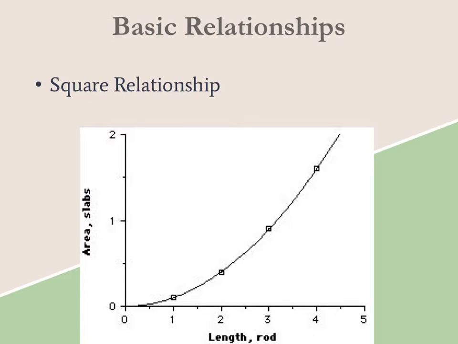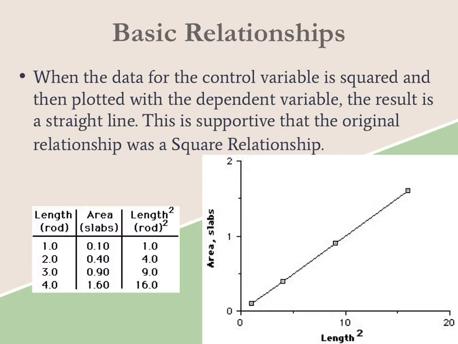We'll get into this type of relationship when we get into acceleration in particular. Again, though, here, if we want to linearize it, if we are going to determine if it is actually a square relationship, we're going to graph y versus x squared.